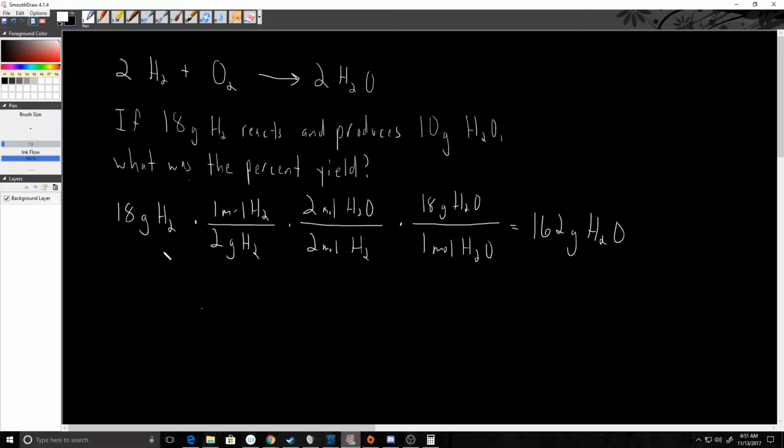All right, so now to find the percent yield, what I'm going to do is take the mass actually created and divide that by the mass I should have created.